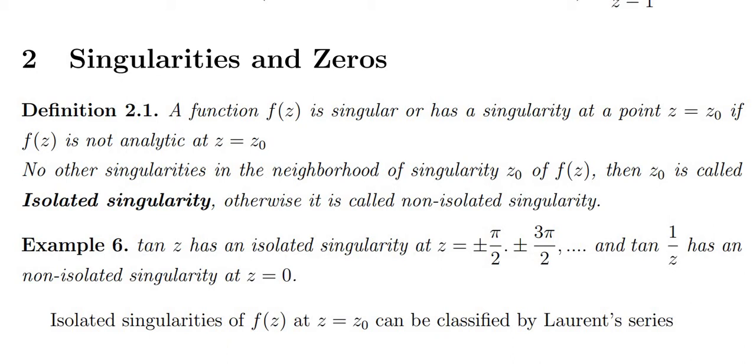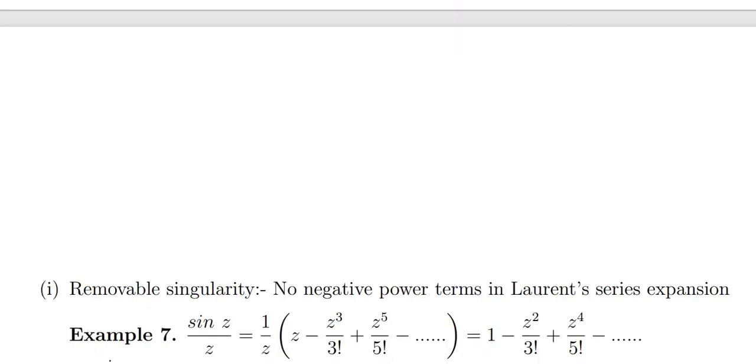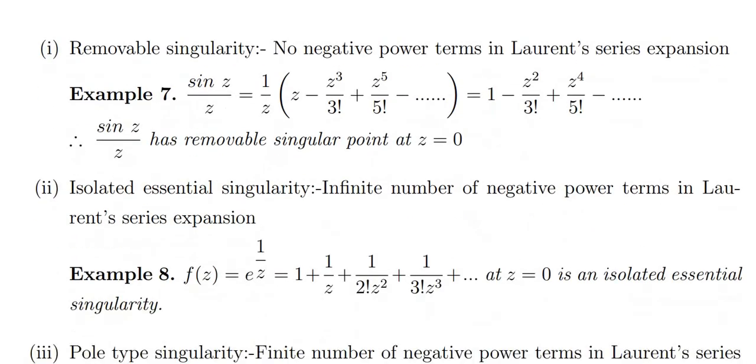Isolated singularities of a complex function can be classified by its Laurent series. If f of z has a singularity at z0, then we can form a Laurent series expansion of f of z centered at z0.